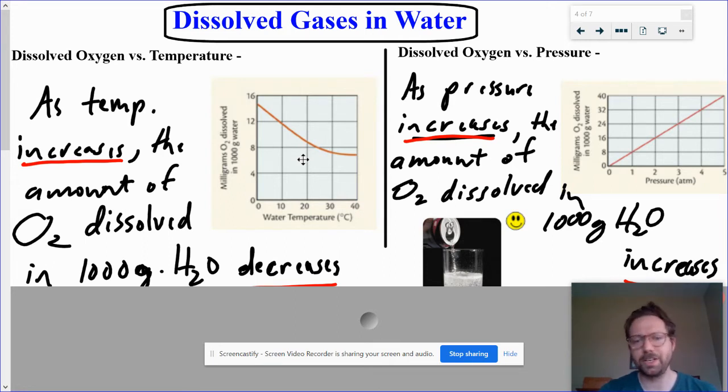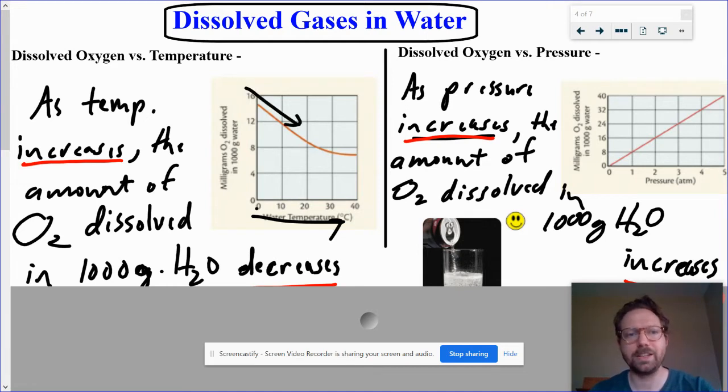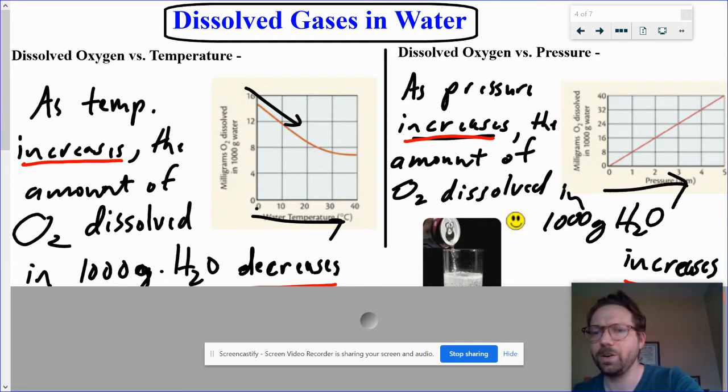Well, as you increase in temperature, going left to right, you see that there's a decrease in the amount of dissolved oxygen that can stay in there. So as you increase temperature, the amount of dissolved oxygen in a liter of water decreases. Conversely, as pressure increases over on the right-hand side, we see that there's an increase in the amount of gas that gets to stay in that liquid, okay?